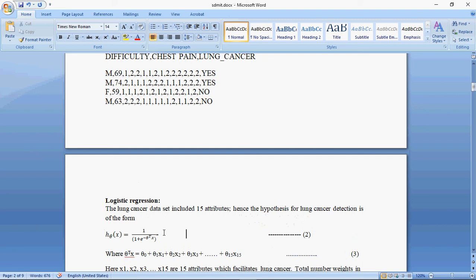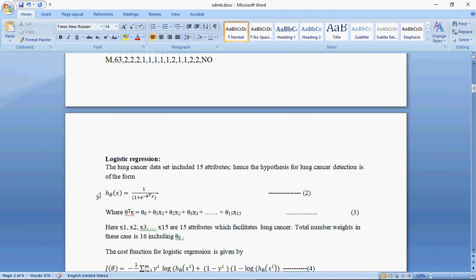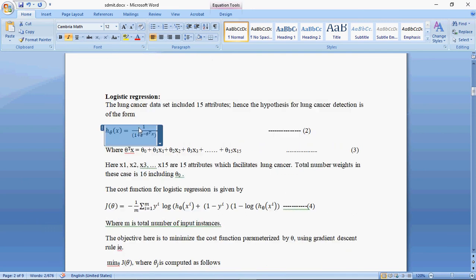If it comes out lower than 0.5, then you decide that the person does not have lung cancer. This way, this logistic or sigmoid function helps you, rather than predicting, we call it classifying whether the person has lung cancer or not.